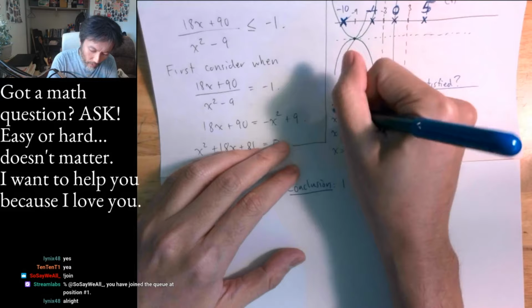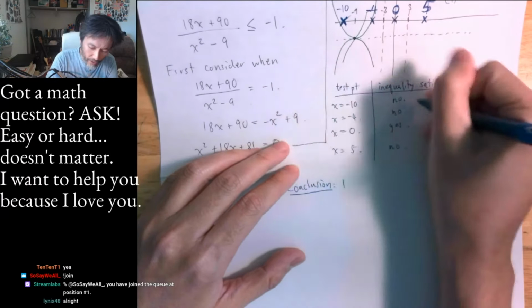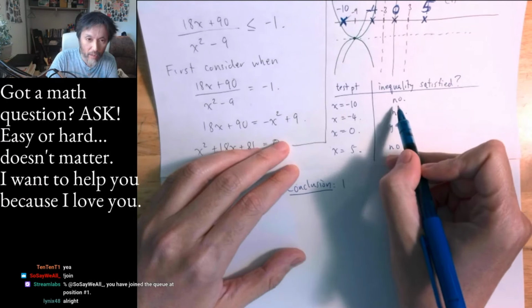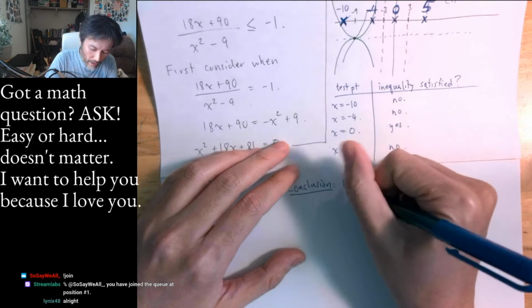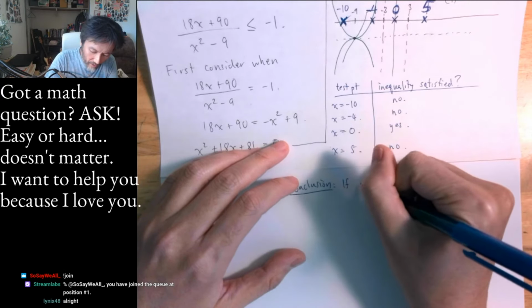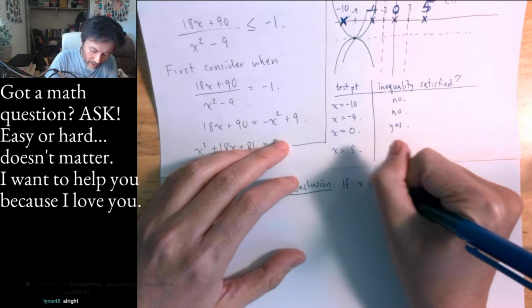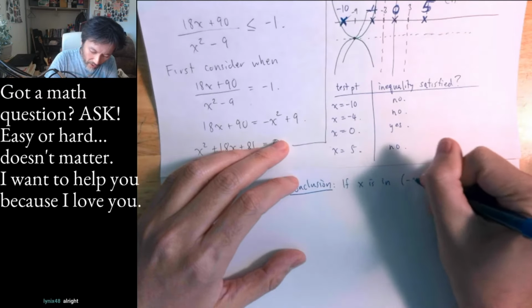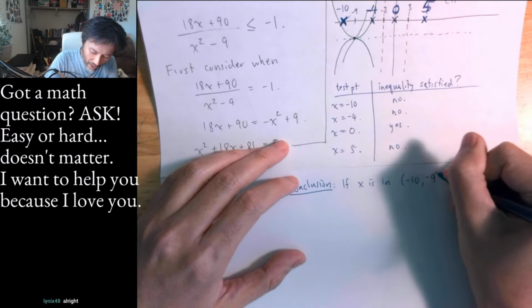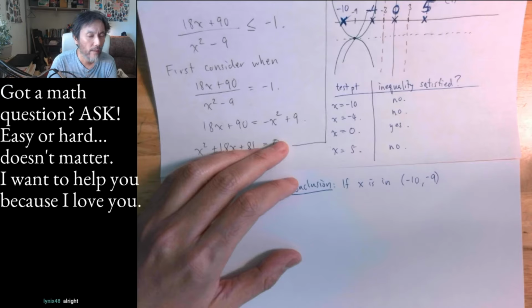So for example, the conclusion from this factoid about x equal to -10 not satisfying the inequality is that if x is in the interval from -10 all the way up to -9, the inequality is not satisfied.